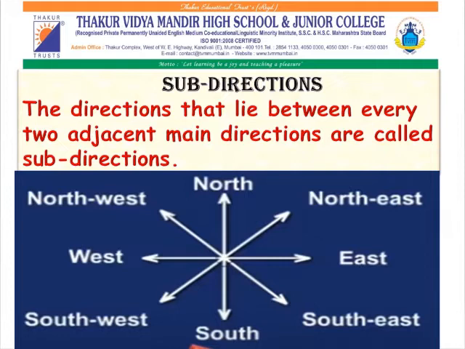The subdirection between south and east is southeast. The subdirection between south and west is southwest. The subdirection between north and west is northwest. Students, this is how the subdirection always falls in between the two main directions.